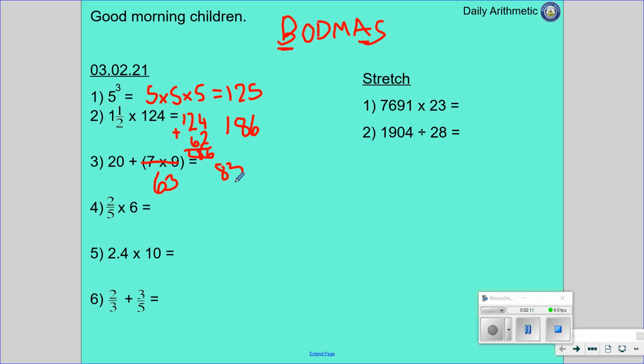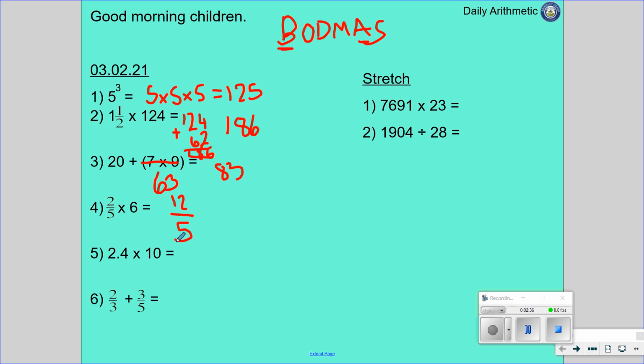Okay, question 4. I've got a fraction times by a whole number. And when I'm doing this, it's t for times, t for top number. So the top number is going to change. Obviously, that's my numerator. The denominator stays exactly the same. So 2 times 6 on the top, which is 12, and the denominator stays as 5. Okay.